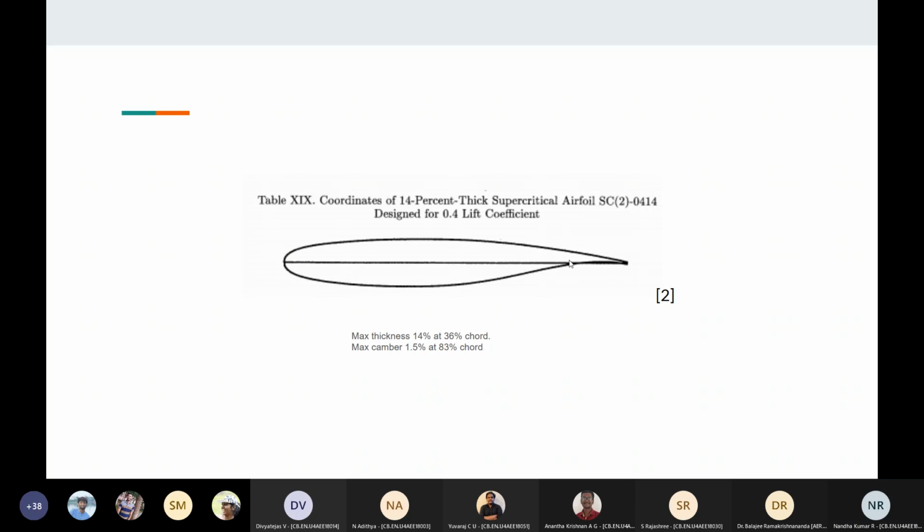This was a GATE multiple choice question earlier. The correct answer is a rounded leading edge and a flat upper surface. The trailing edge will be highly cambered. It need not be reflex, but there will be a trailing edge camber. That is why it has maximum camber at 83% of the chord.